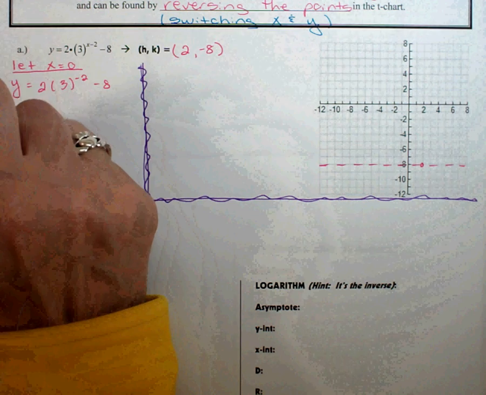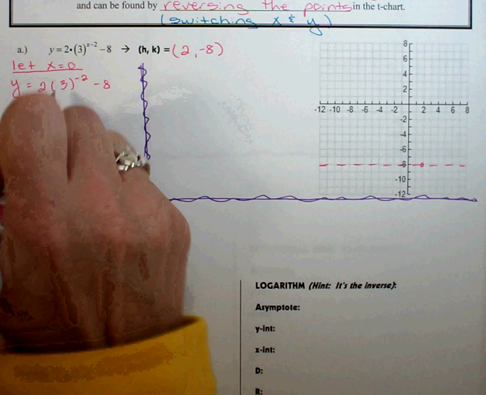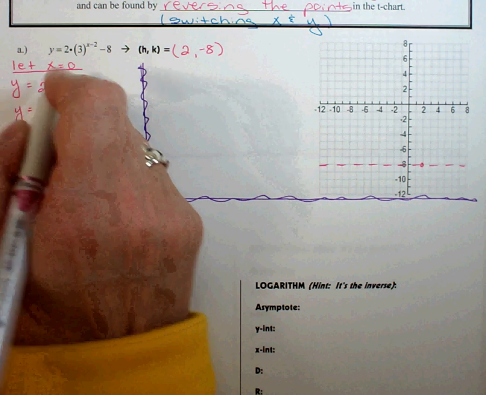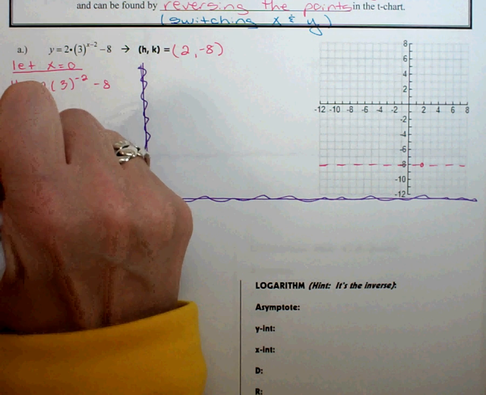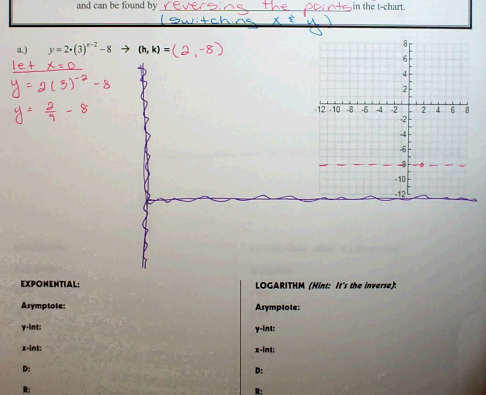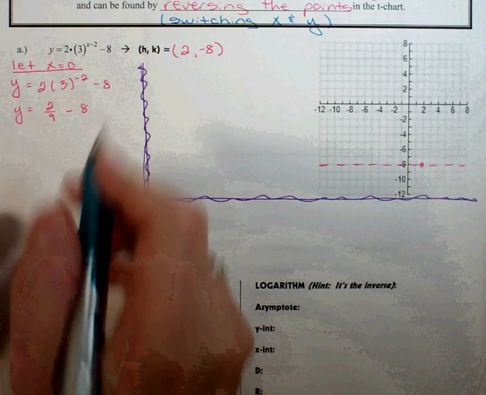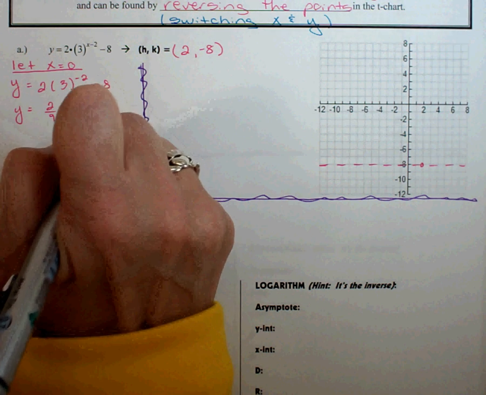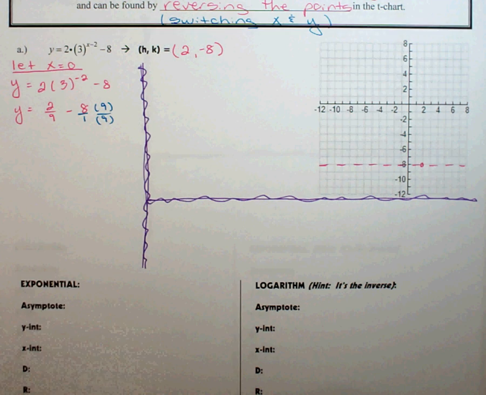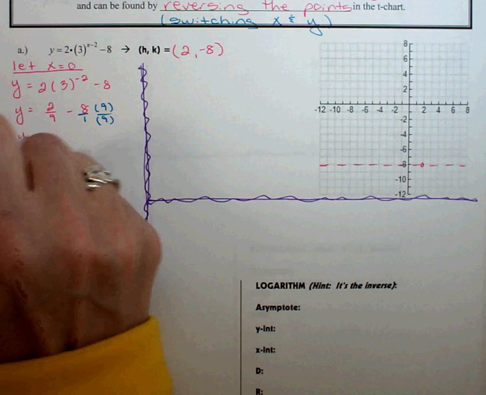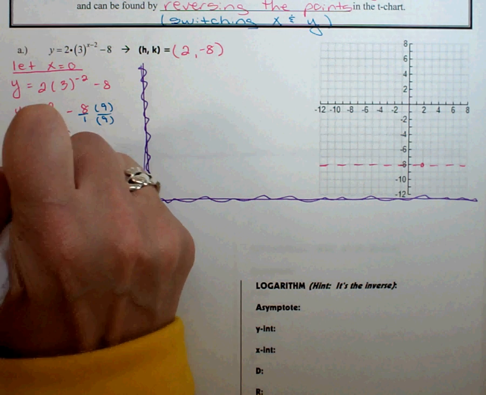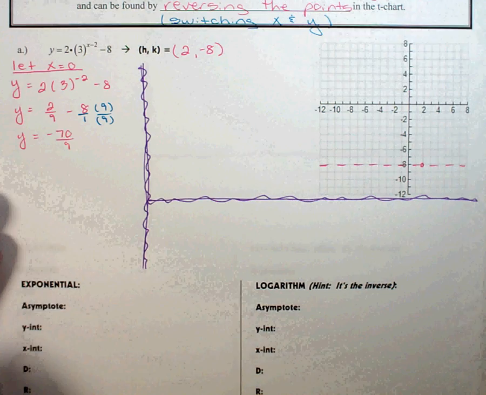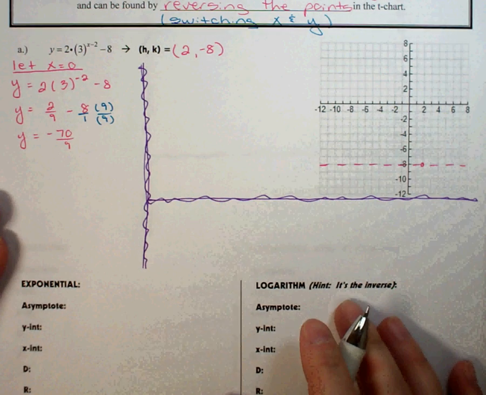From there, I'm just going to evaluate, just do my arithmetic. 3 to the negative 2 is 1 over 9, so I'm really just going to have 2 over 9 minus 8. I recognize that since I'm going to subtract these fractions, I'm going to need to get common denominators. So I can get my y value of negative 70 over 9. I'll write that as an ordered pair when we get to the bottom of the page.